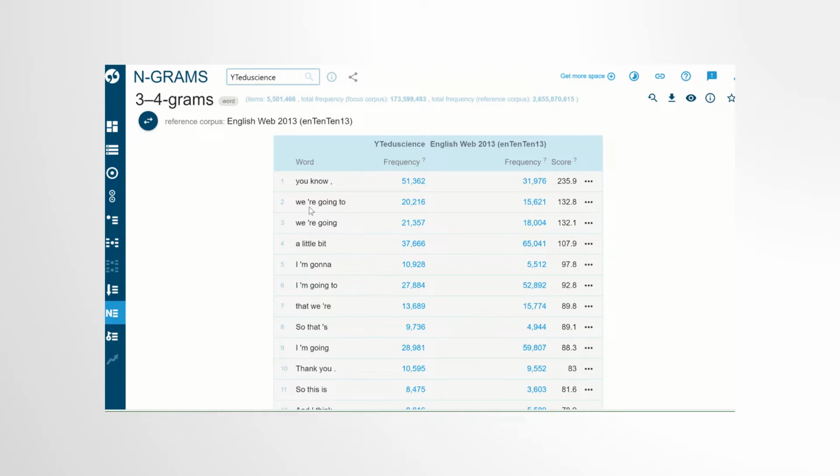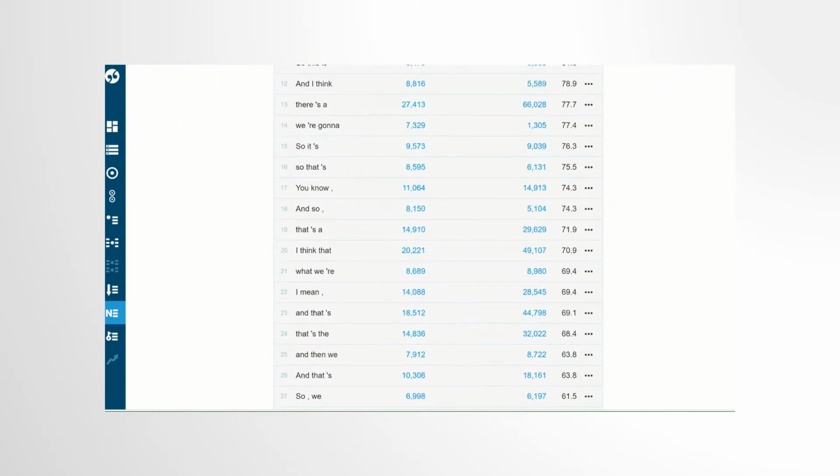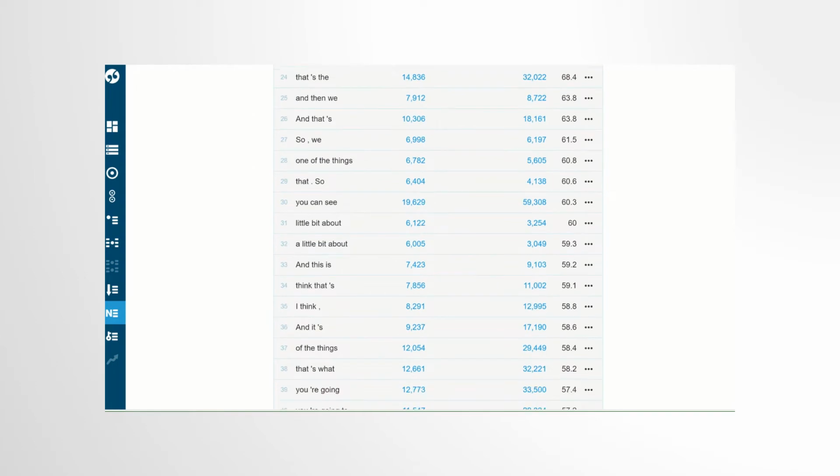We're going to, which is perhaps more frequent in the academic corpus because it's used at the outset of a talk, for instance, to describe what the speaker is going to do, a little bit and so on. So many of these engrams would also be found in everyday conversation.